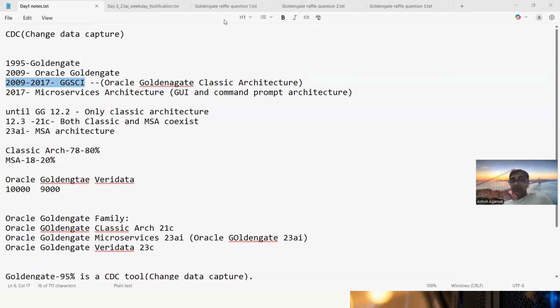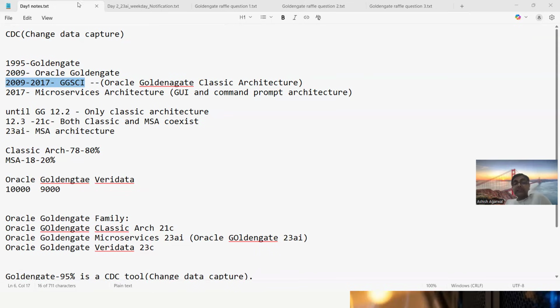However, guys, let me tell you, it's not only GUI, it is command prompt as well. Microservices is primarily promoted as a GUI tool, but that's not all. So from 2017 onwards, we have microservices available. But now from 23ai onwards, it's only microservices architecture.